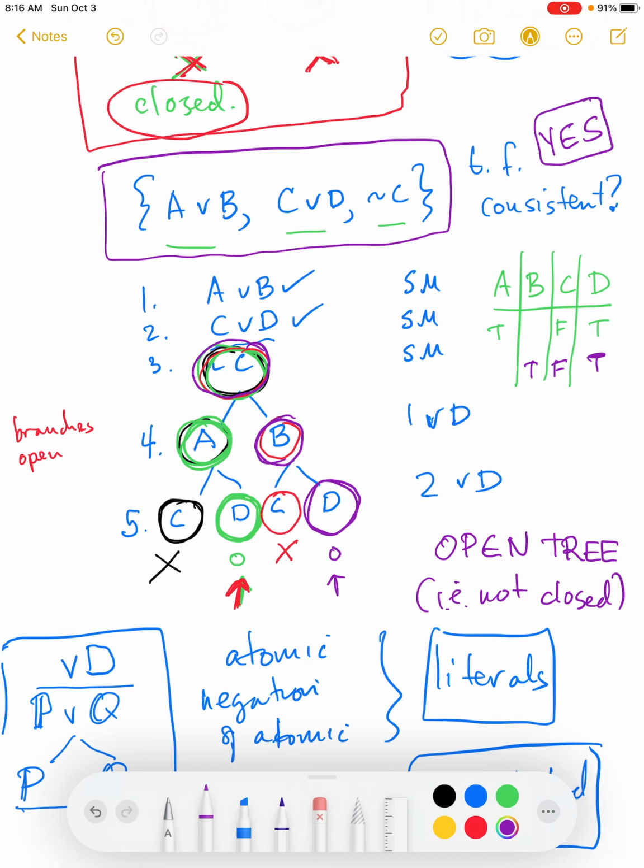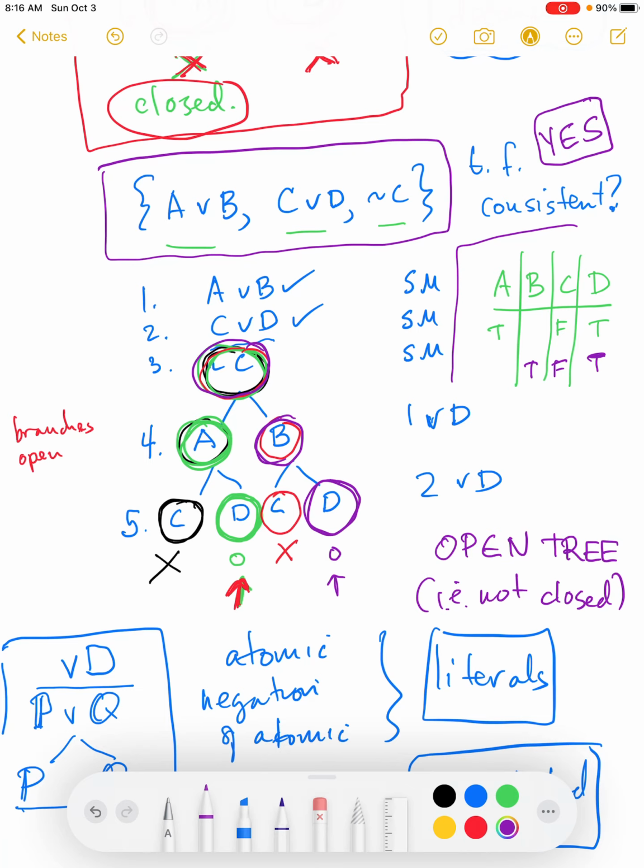But what's kind of cool about these trees is not only does it give us an answer to the question, is the set truth functionally consistent, it actually gives us a way of finding the truth value assignments that do make the set members true, if there are any. And that's what I was doing over here when I was collecting the information that we got from the open branches. So let's take a look at that again.